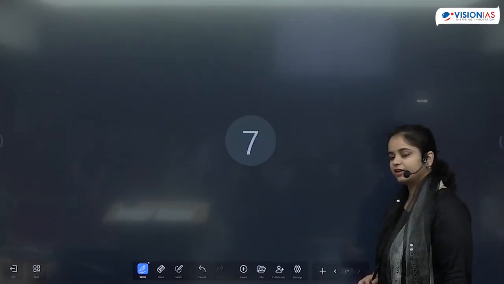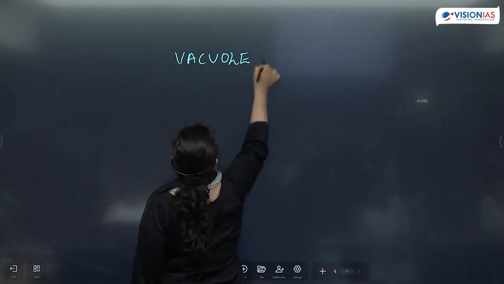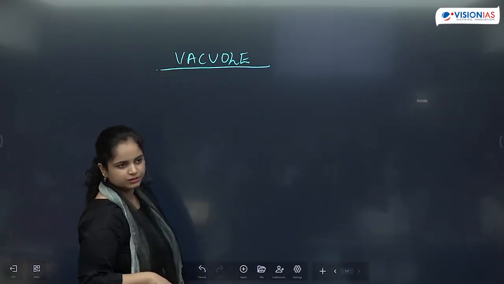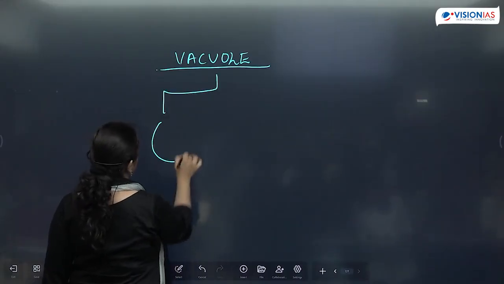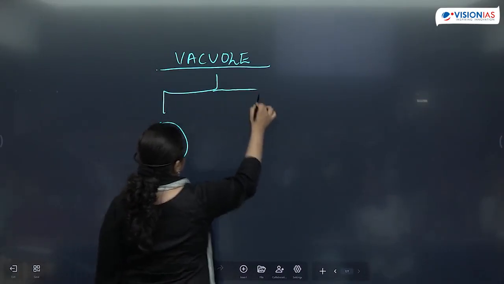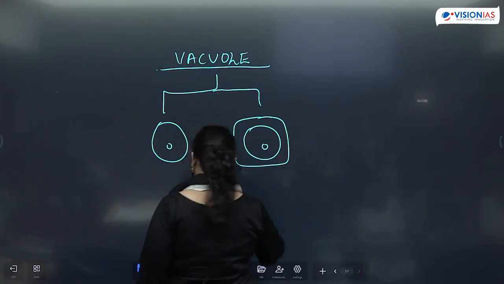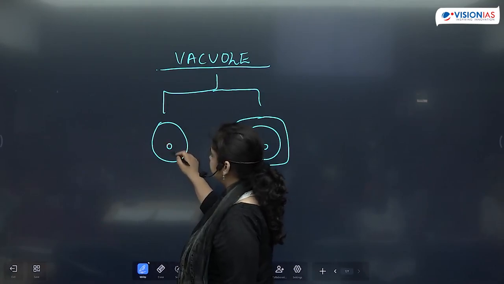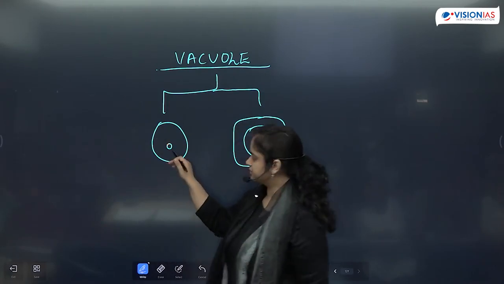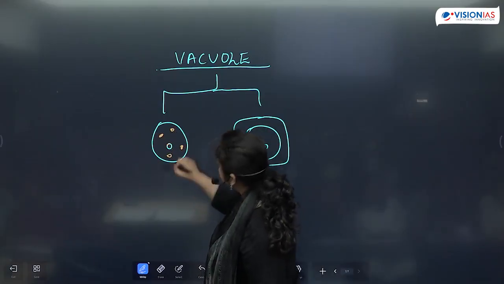Now for the vacuole, there is one exception which we have to first look at, then we'll write about the vacuole. So vacuole, you said, is for storage. But this actually has different forms in animals and plant cells. In animal cells, this is the cell, this is the nucleus, and there are many small vacuoles which are present.